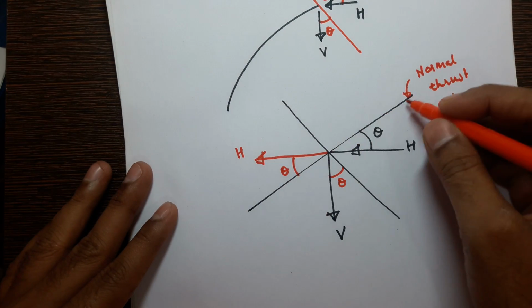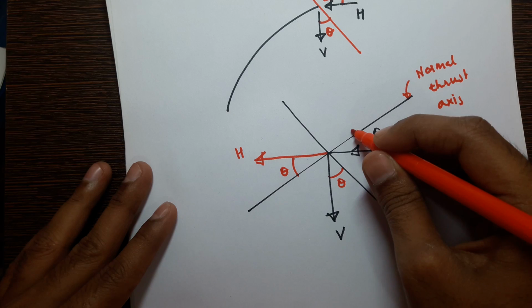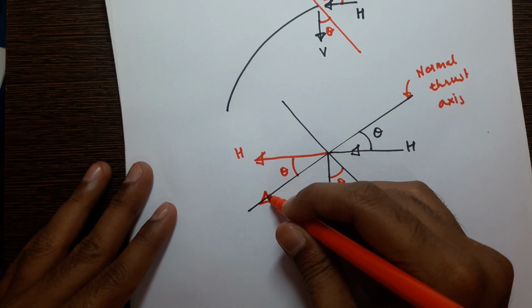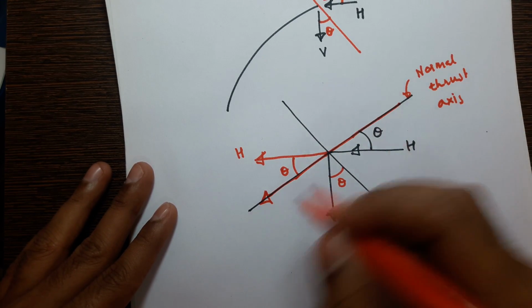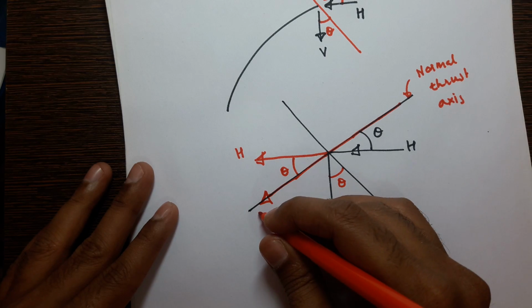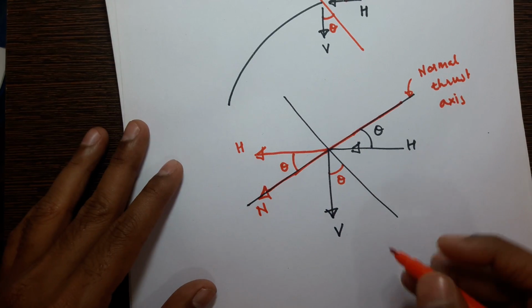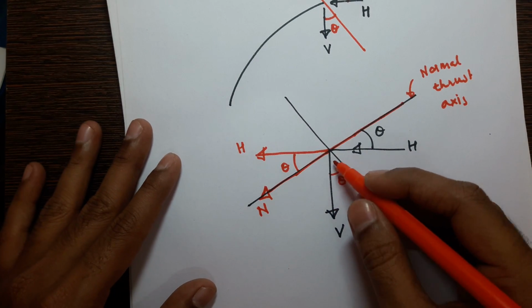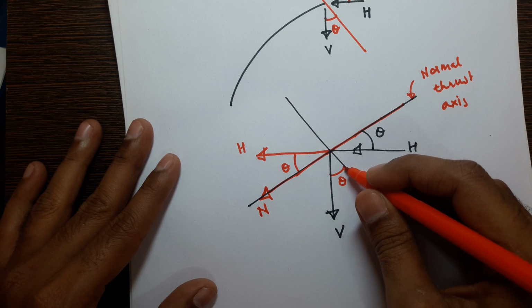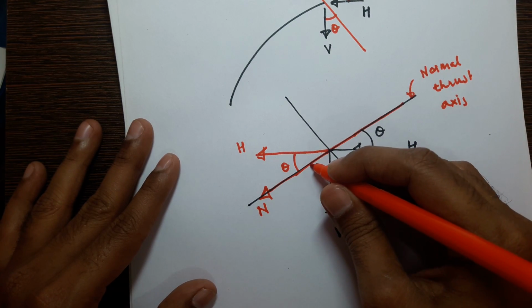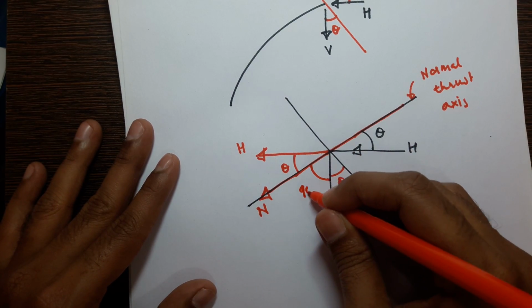The direction of normal thrust is in this way, we are assuming in this way. And V is having this theta, and this will be 90 minus theta.